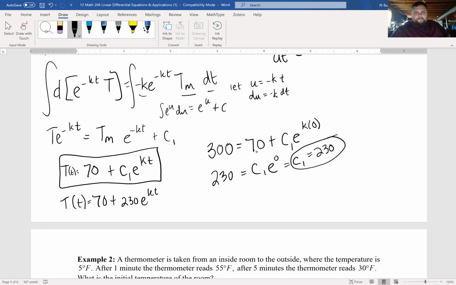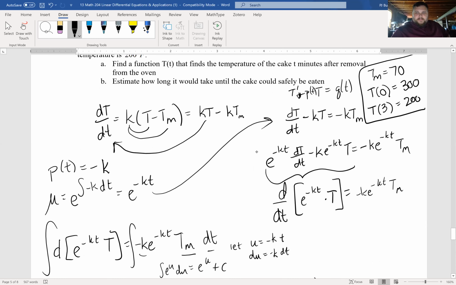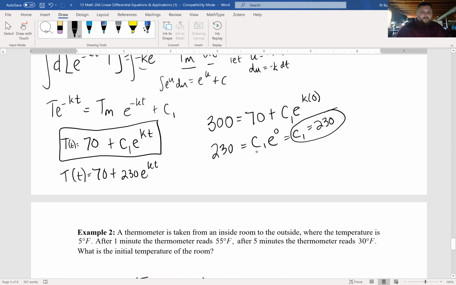Okay. So now we need to solve for k. So use the other condition. That was temperature at 3 minutes is 200. So now 200 equals 70 plus 230 e to the k times 3.